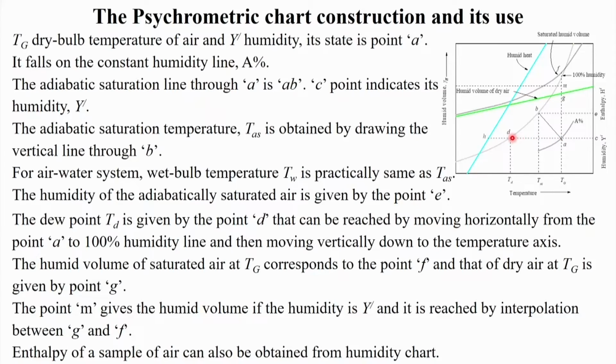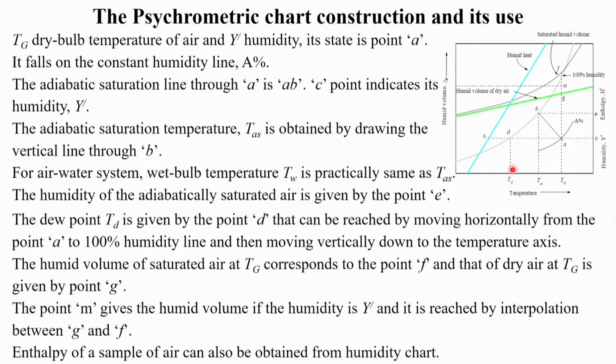And from point A, if we move parallel to the temperature line and reach point D, where it touches the 100% humidity line, the corresponding temperature is called the dew point temperature.